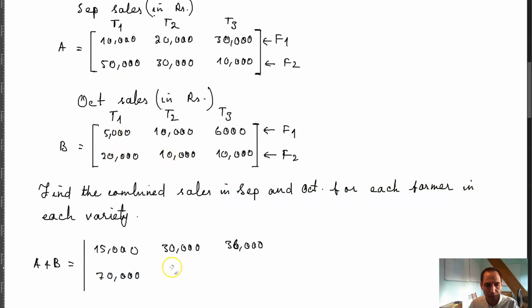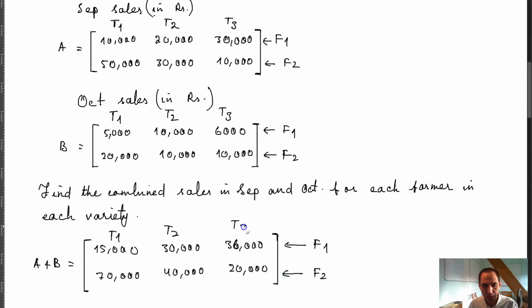And 30 plus 10,000 is 40,000. And 10 plus 10,000 is 20,000. Right? And this is again for farmer 1, this is for farmer 2, and this is for type 1, type 2, and type 3.